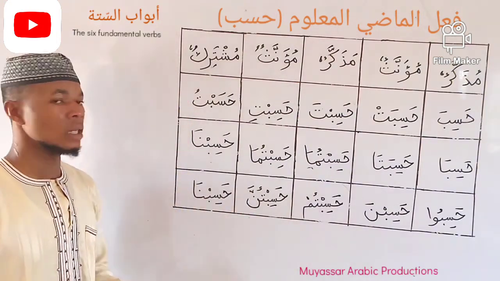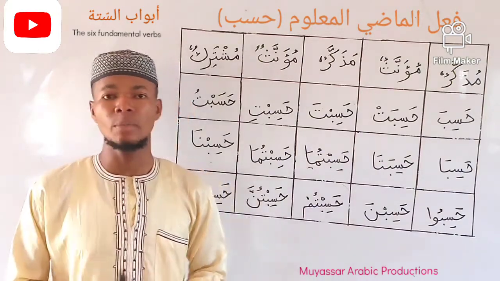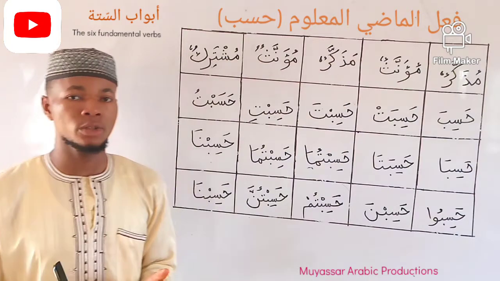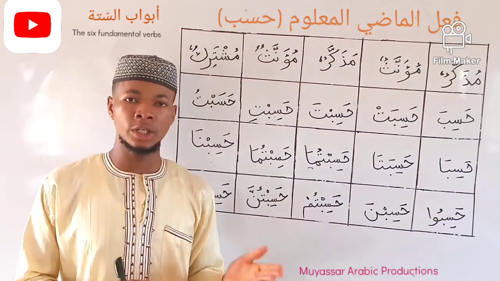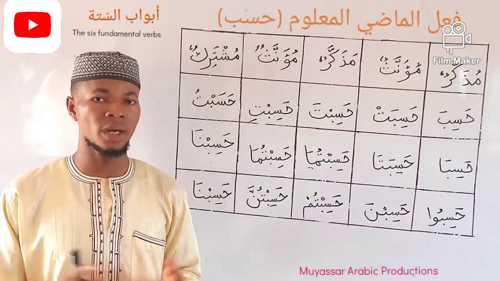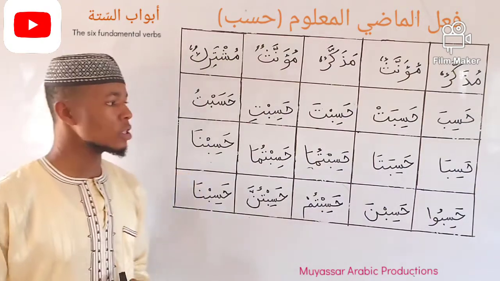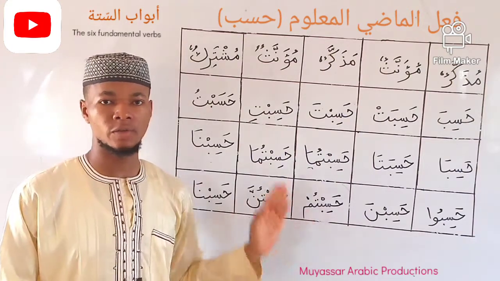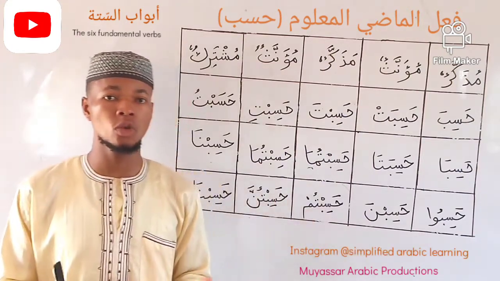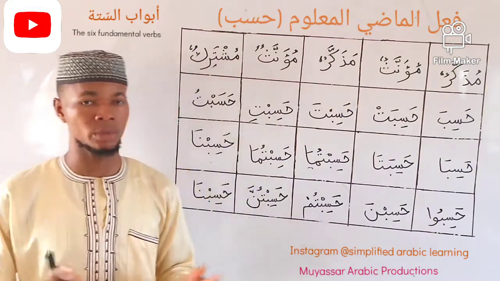Or you want to say I wrote, you say katabtu. But here, what we are trying to do is lay a foundation on how you can say anything you want with any verb in the past tense using the 6 fundamental verbs, so that on your own you will be able to say anything you want with any other verb.